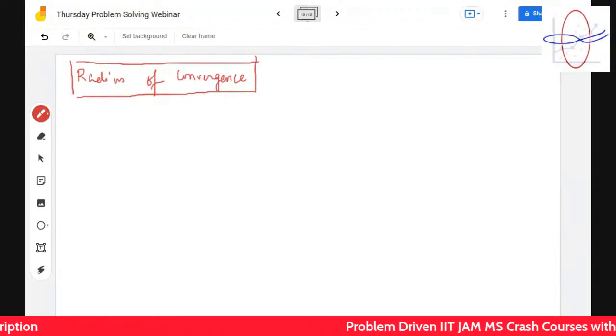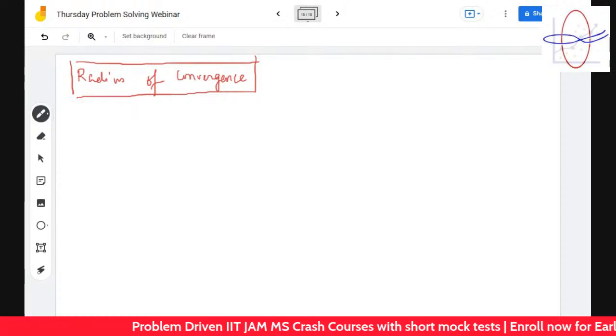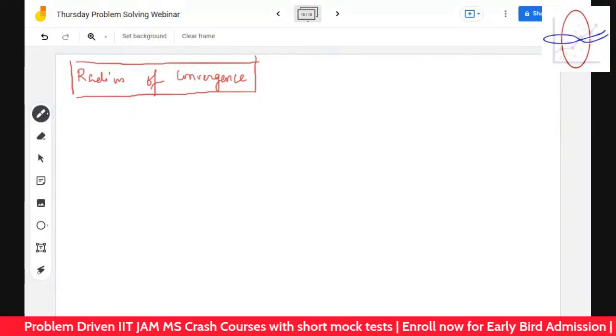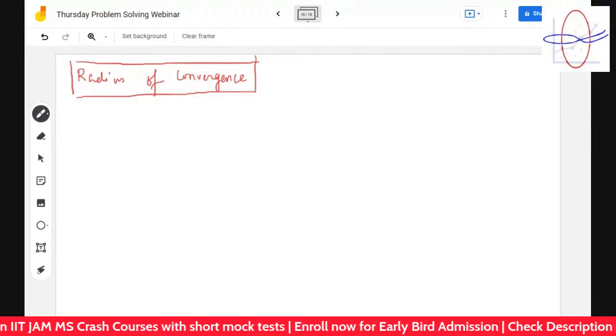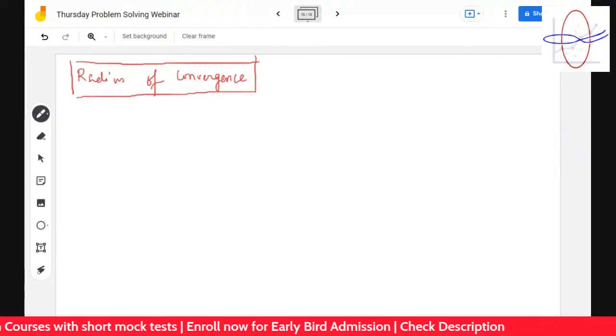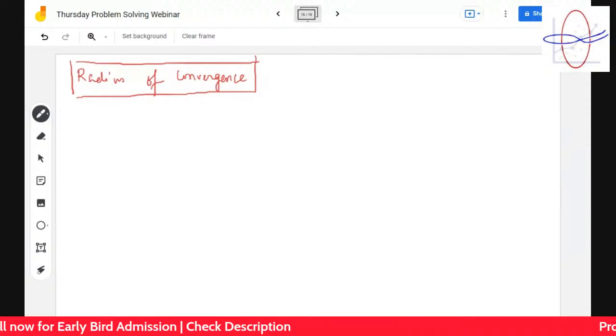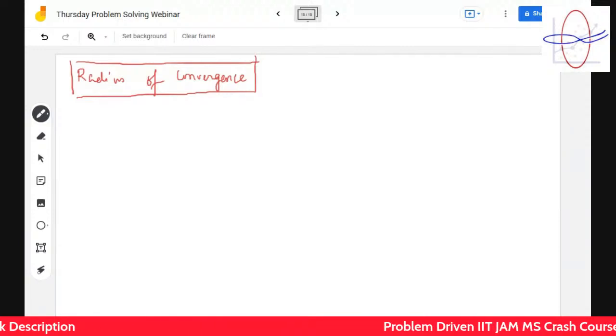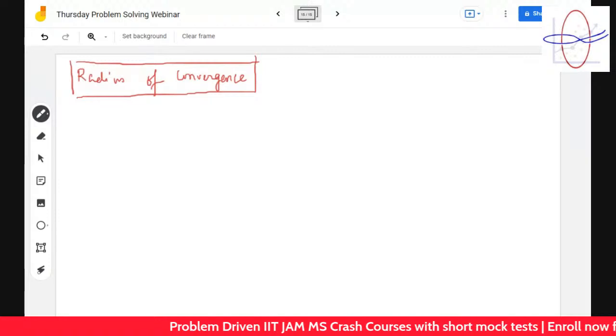Radius of convergence was added in the new syllabus. You have shared a doubt on WhatsApp. What doubt? Please share it again, but I will do radius of convergence and complete it today, okay?